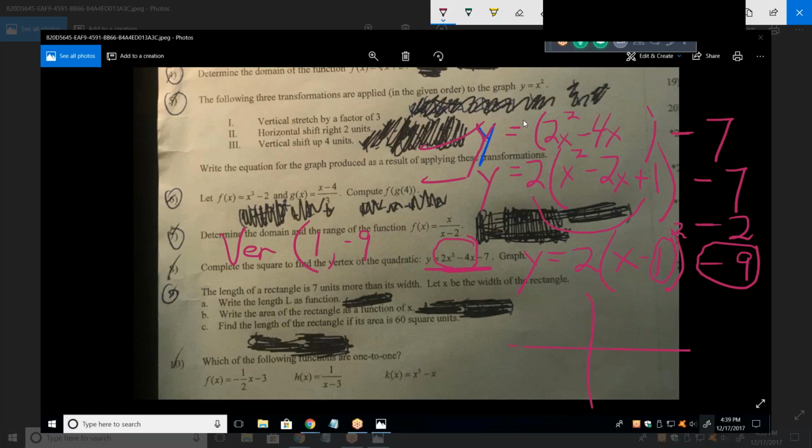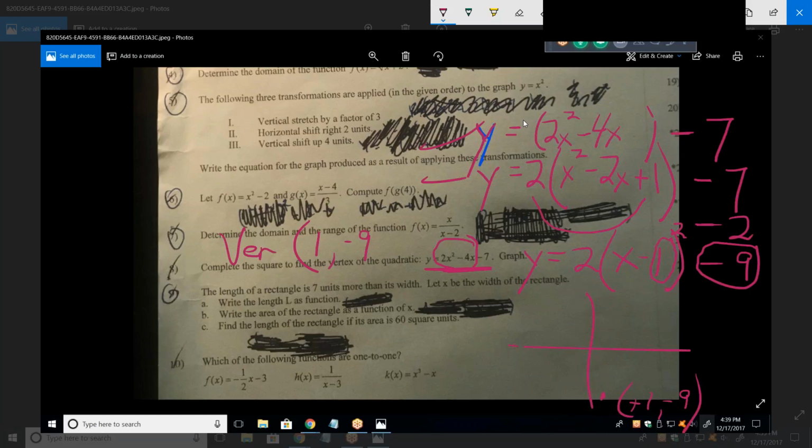Well, finding the vertex is huge in terms of graphing it, but it's still not quite enough. In other words, I don't know where it crosses the x-axis. I need a couple more points. You can't really draw a parabola with just the vertex.